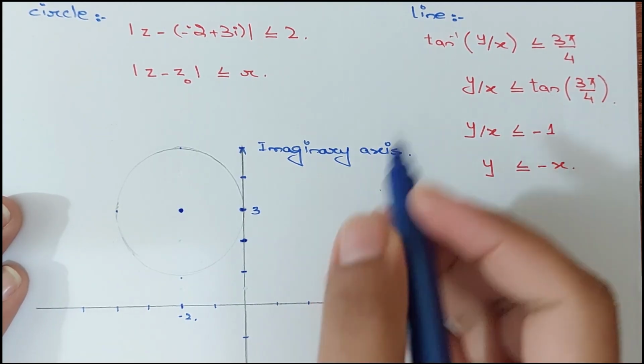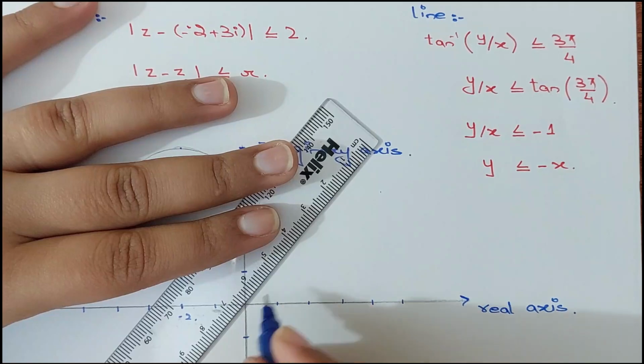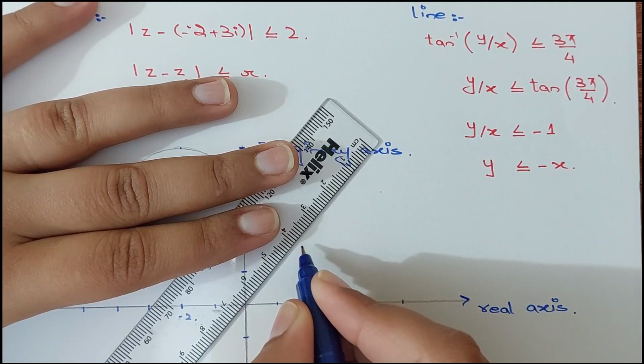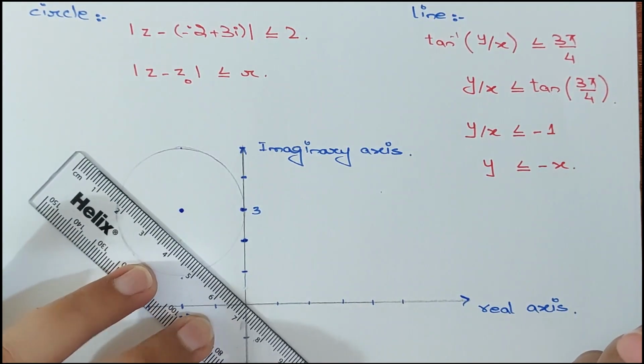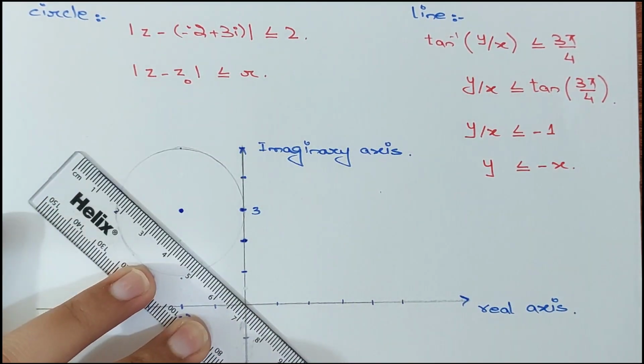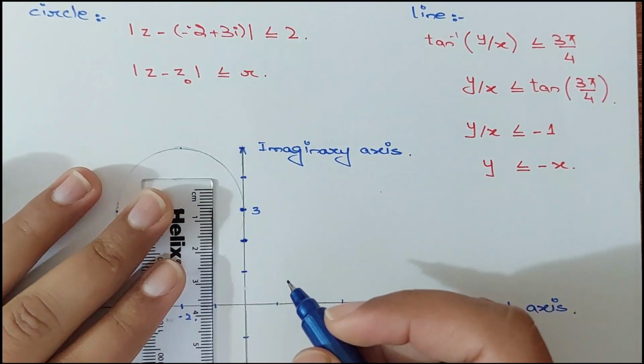As we know, this line shows y equals x. When x is 1, y is 1, x is 2, y is 2, x is 3, y is 3, and so on. And this line shows y equals -x, right? How can I sketch this line? When y is 1, x is -1.